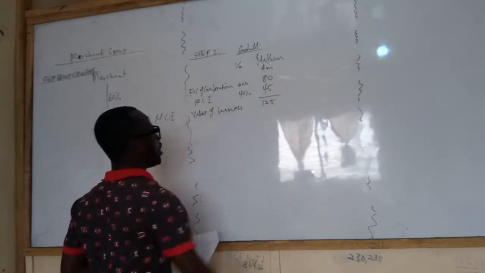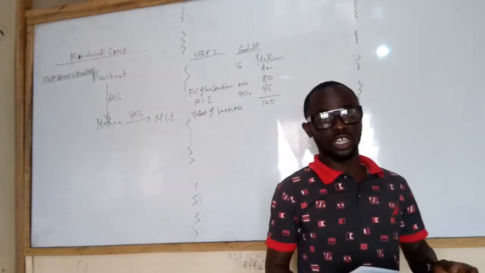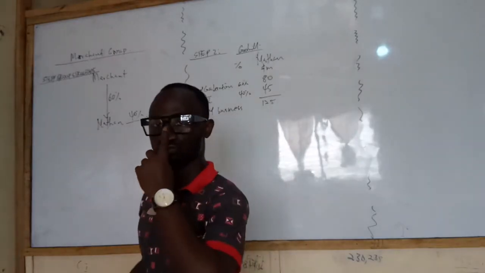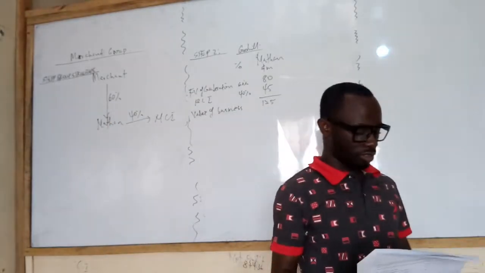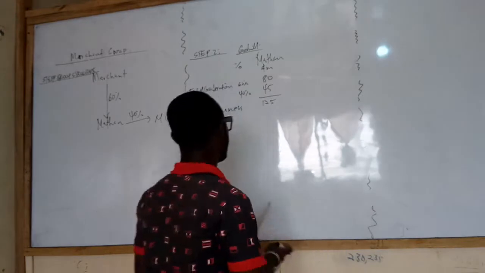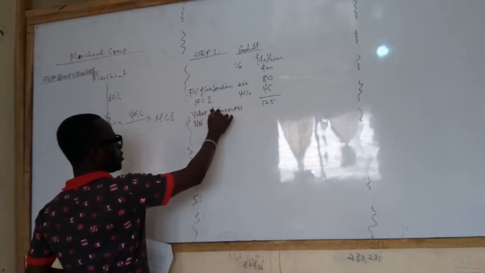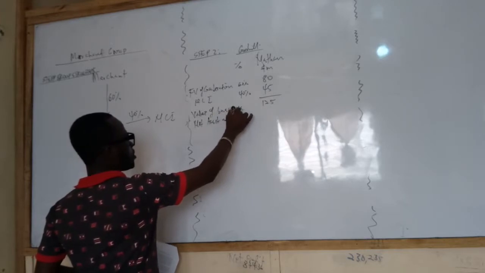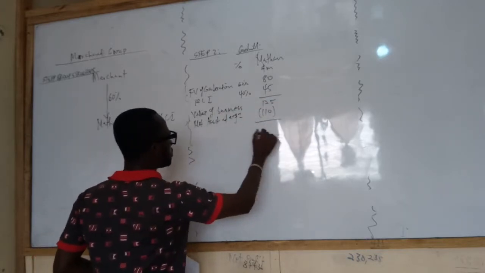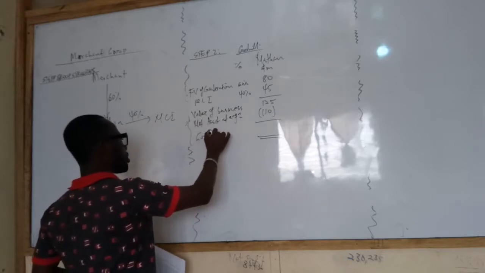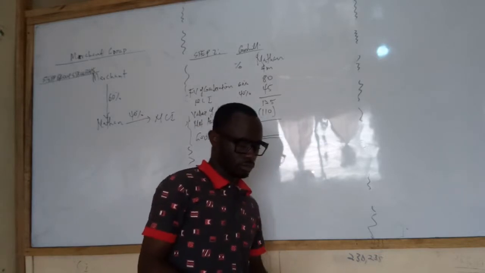125. Were we given the net asset as at the date of acquisition in the question? Yes. As how much? 110. So, when we subtract, goodwill will be what? 15.